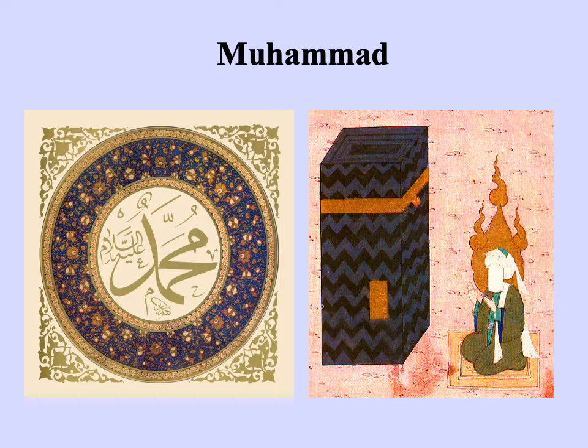And then to the left, we have him being depicted by his name, a beautiful rendering of his name in Arabic script. The basic reason for this is that they really want to ensure that Muslims never feel somehow encouraged to worship Muhammad as opposed to God.